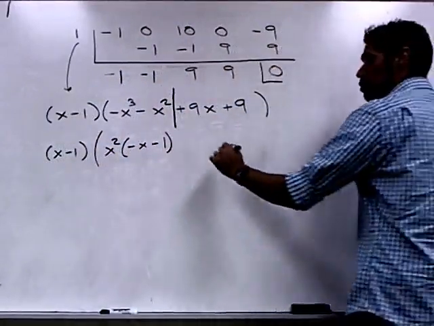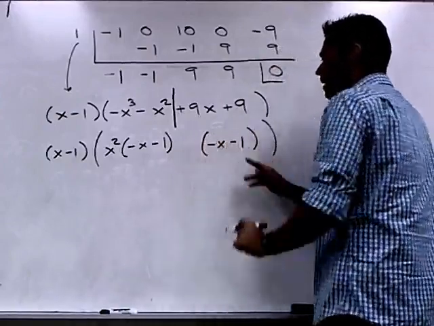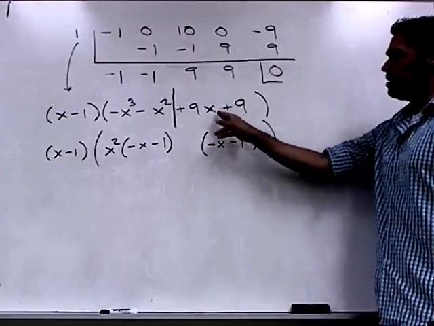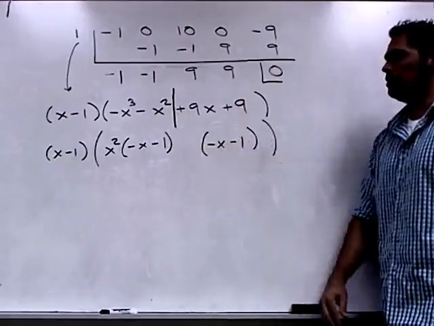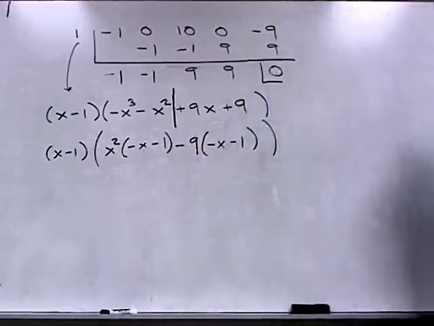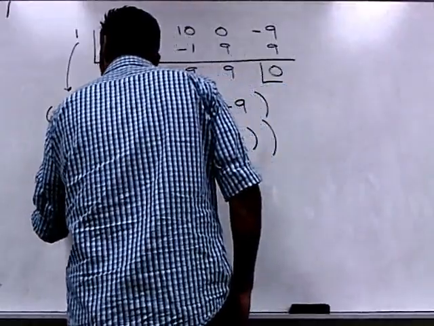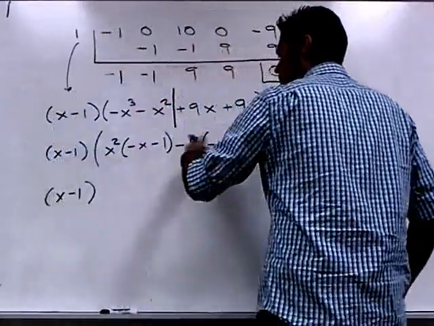Now, in order for grouping to work, you have to have the exact same thing here, negative x minus 1. So how are you going to get a negative x minus 1 to turn into this? What do you have to multiply by out here? Negative 9. See that? And now this turns into x minus 1, and then what is all that junk here?